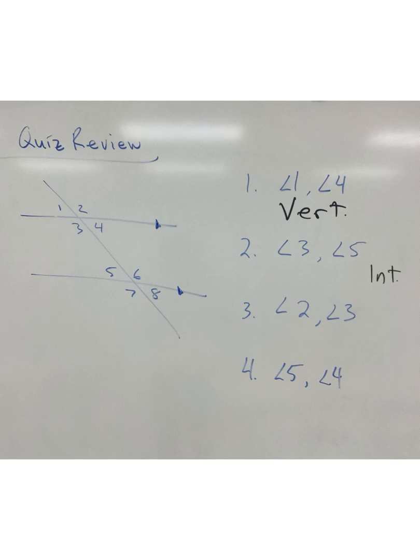Oh, the one with the C. Well, there's two C's, there's corresponding and there's consecutive. No, it's corresponding. Consecutive. Same difference. Angle 2 and angle 3. Vertical. Angle 5 and angle 4. Alternate interior.